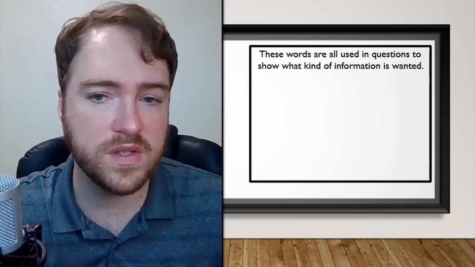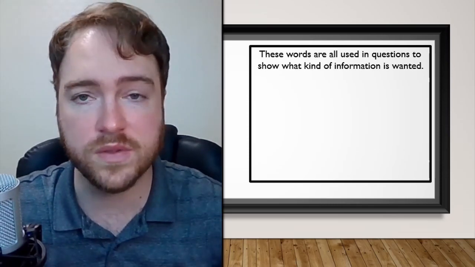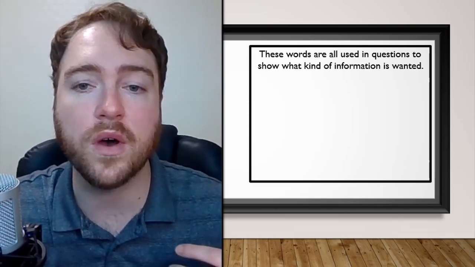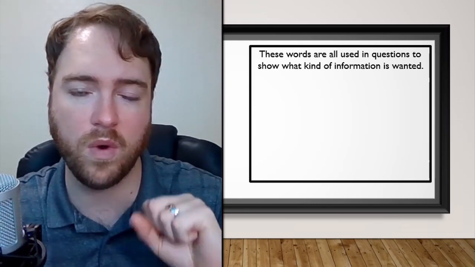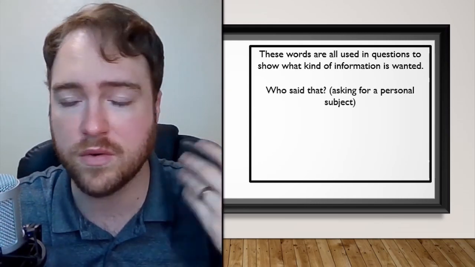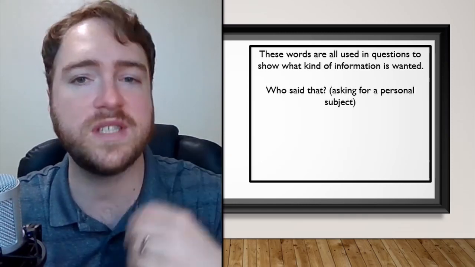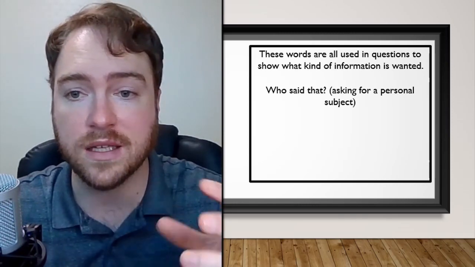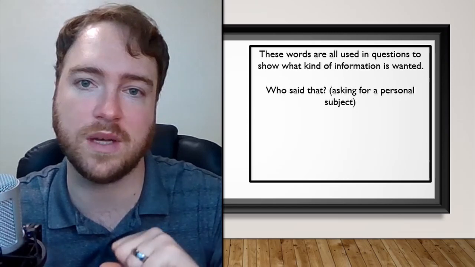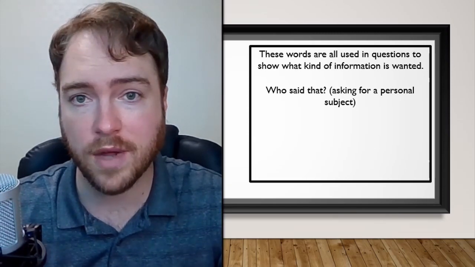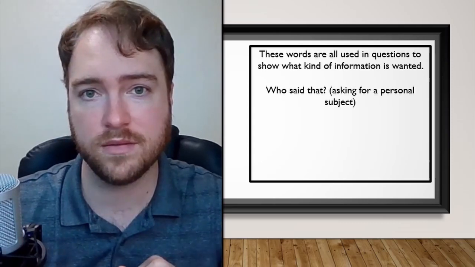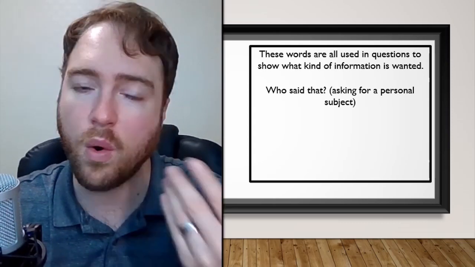So these words, they're all used in questions to show what kind of information you want, okay? What are you asking about? So, for example, if you say, who said that? You are asking for the personal subject. The answer will be a pronoun, right? Like, he said that, or she said that, or it can be a name.